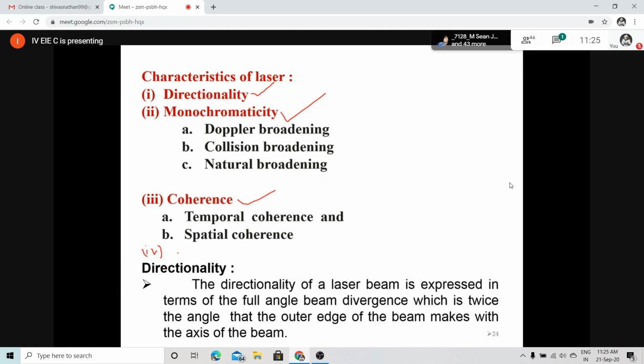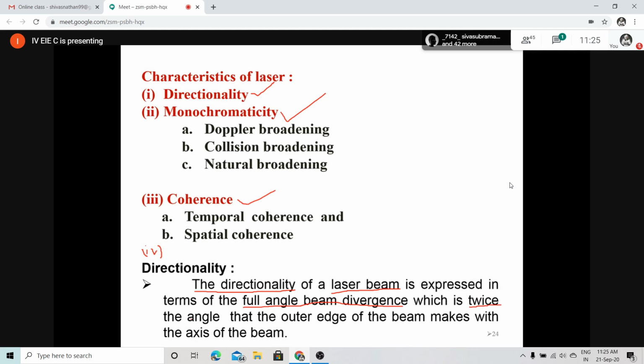That is how it is going to be related. So directionality and divergence is one phenomenon. So you understand about directionality, you understand about divergence of the laser. Now take down this point alone. The directionality of a laser beam is expressed in terms of full angle beam divergence, which is nothing but what?